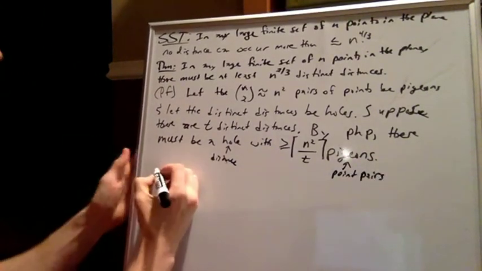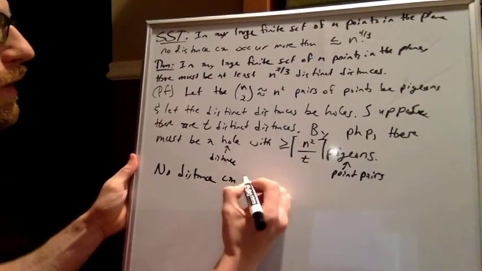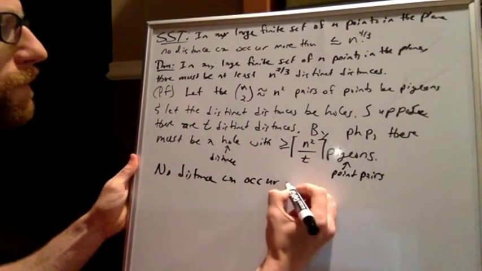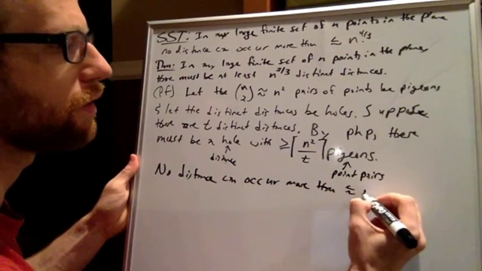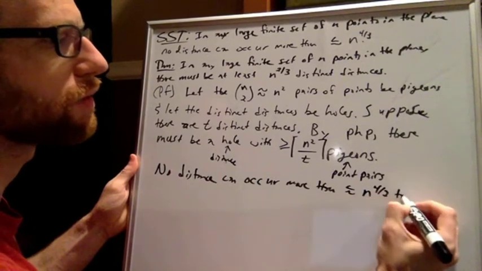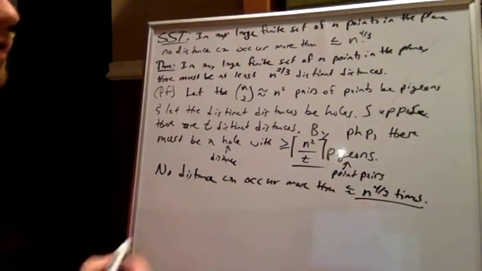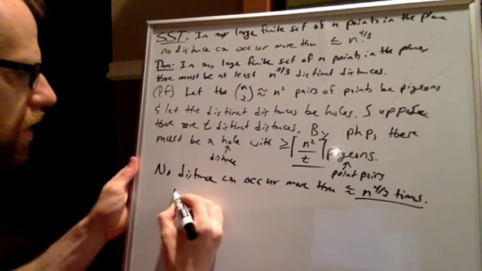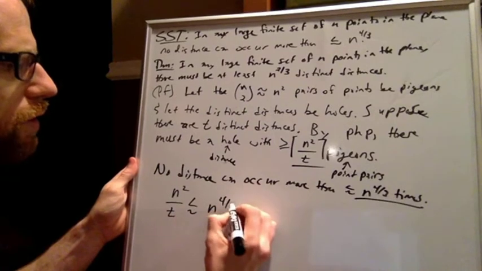But we also know that no distance can occur more than n to the 4/3 times. So we take this as our upper bound and this is our lower bound, and we get that n squared over t is bounded above by n to the 4/3.